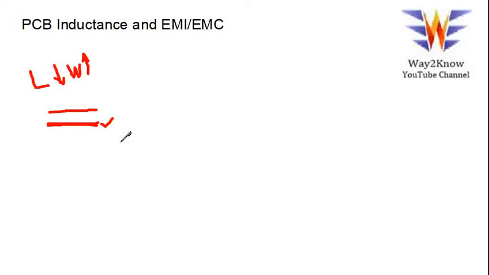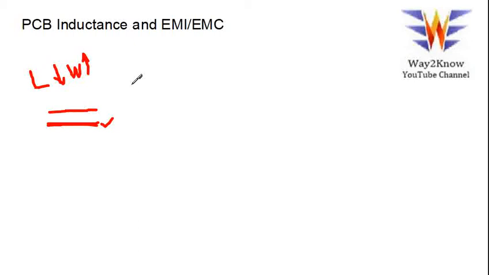While there are many formulas associated with it, this is just for our information. Now when a PCB design engineer or electrical design engineer is working on a PCB, they can straight away increase the trace width as much as possible, right, to reduce the inductance, which is basically an enemy.